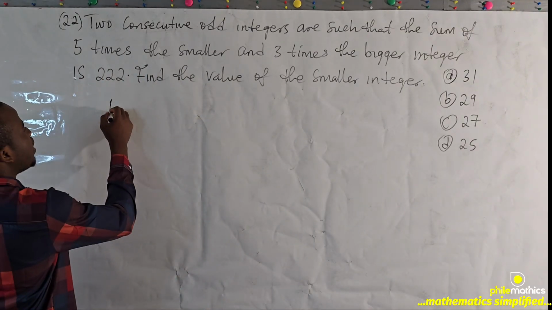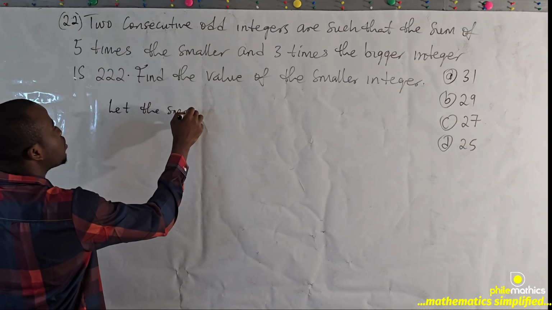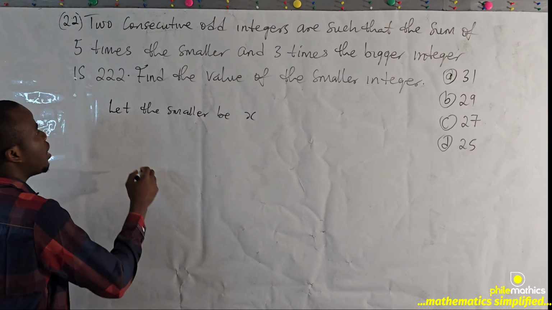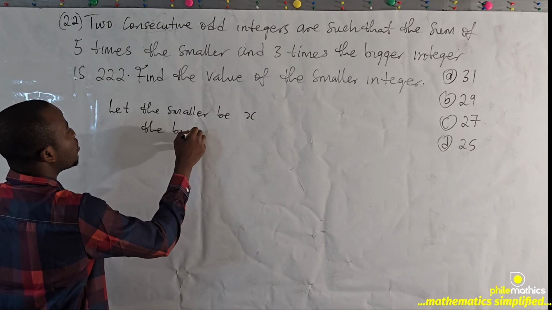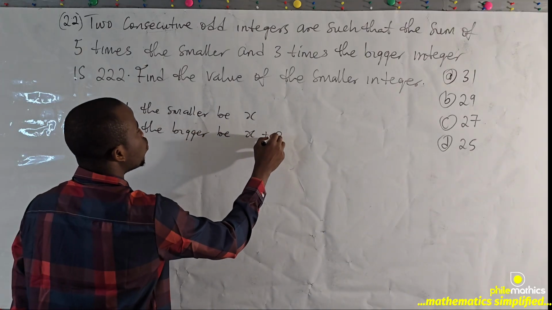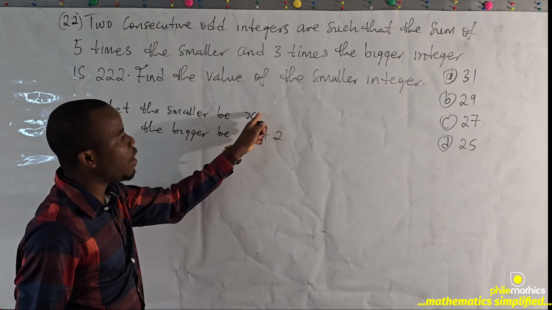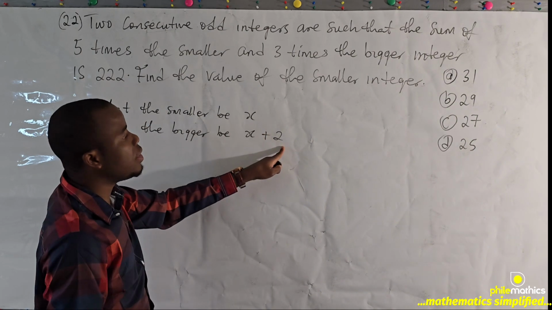So let the smaller be x and the bigger will be x plus 2. So if the smaller odd integer is 5, 5 plus 2 gives 7, the next consecutive odd integer.